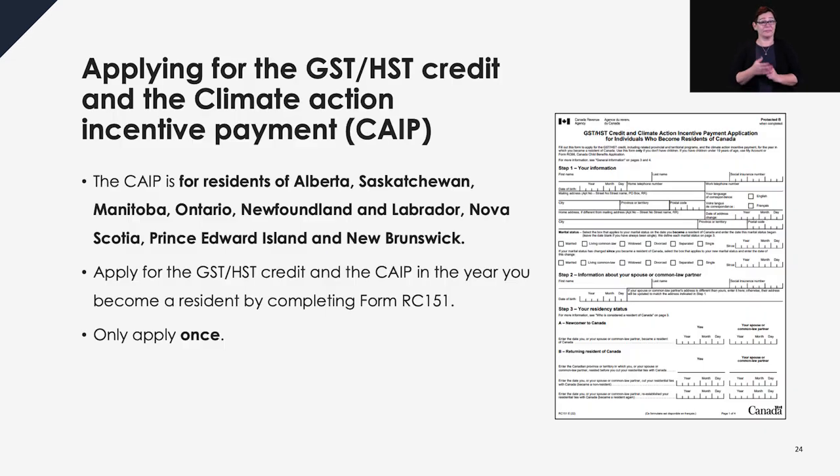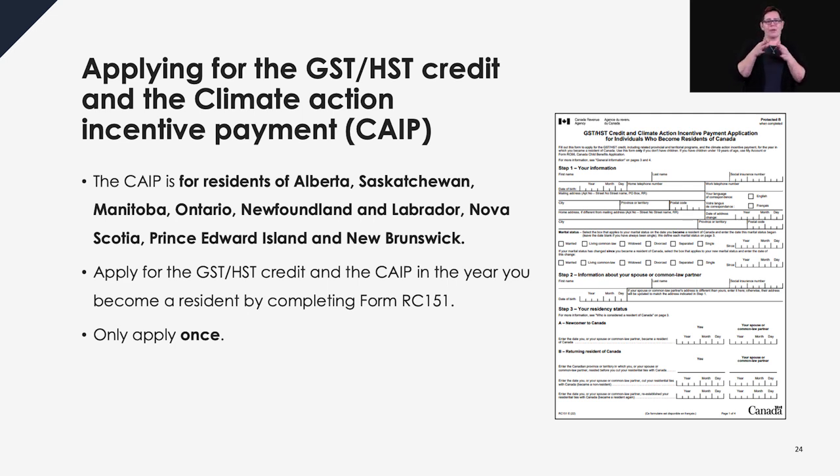As an international student, you may be eligible for the GST/HST credit and the CAIP as soon as you arrive in Canada. Like the GST/HST credit, the CAIP is tax-free. It is paid to help individuals and families offset the cost of federal pollution pricing.